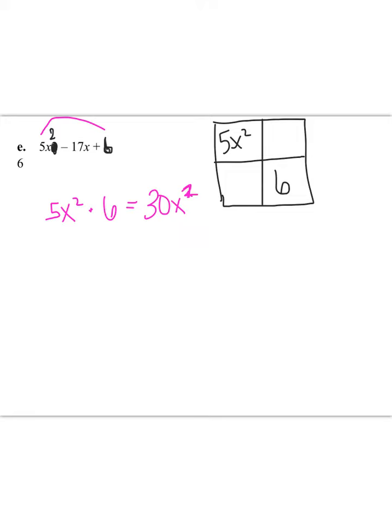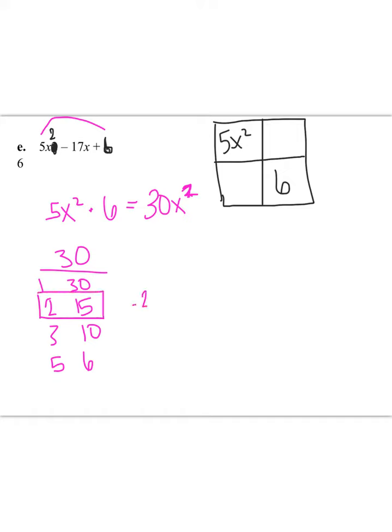So this means I want to find my factors of 30. Well, those are 1 and 30, 2 and 15, 3 and 10, and 5 and 6. So out of these pairs, we want the one that adds up to -17, our middle term, which would be 2 and 15.